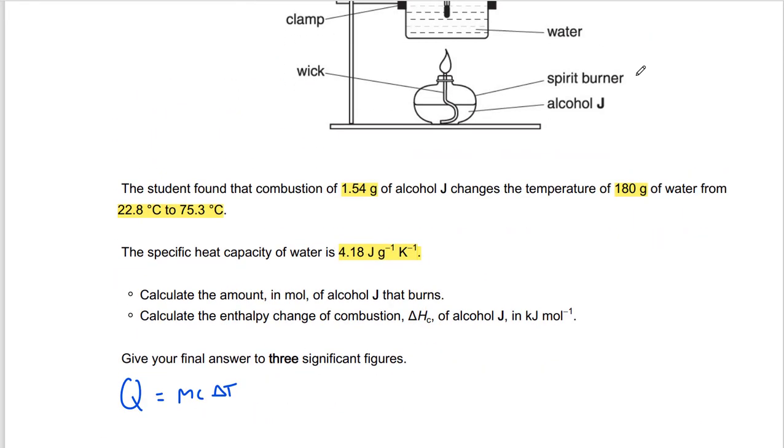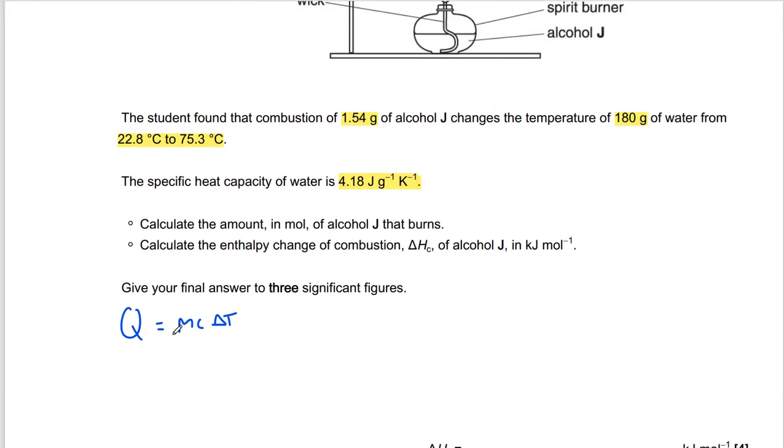Notice as well, the M in Q equals mc delta T is the mass of the liquid that is being heated, not the mass of the alcohol that is burning. One of the most common mistakes I see is students using 1.54 as M instead of 180. The 1.54 grams of the alcohol is what's burning.